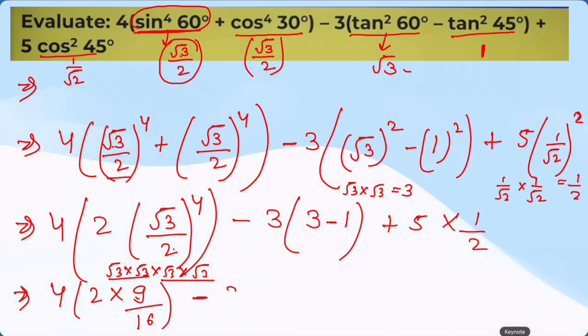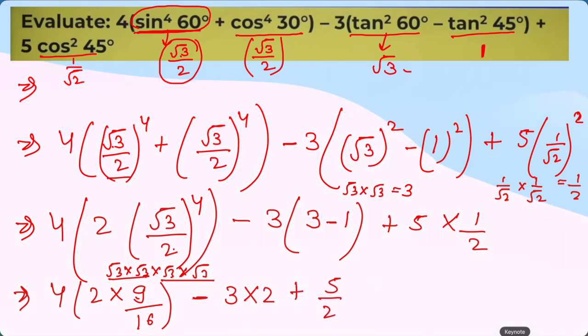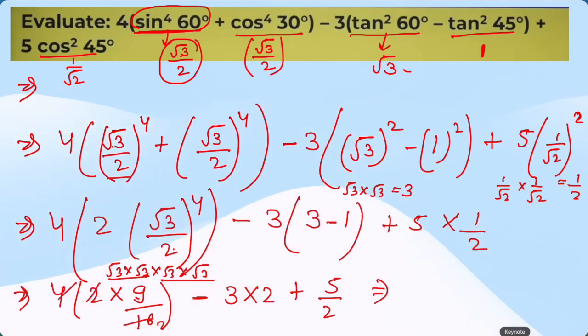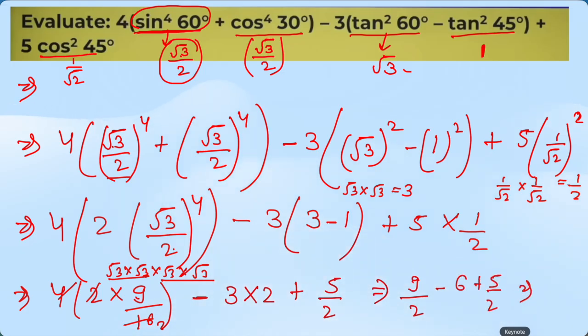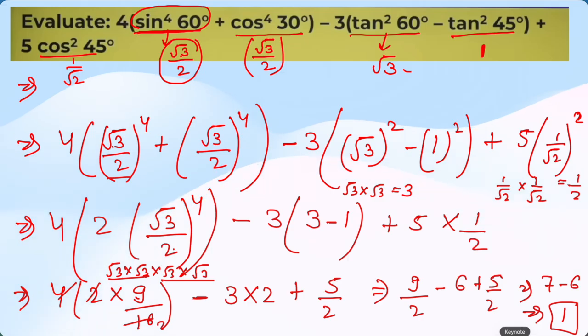Now minus 3 into 2 plus 5 by 2. What we will have next? 4 to the 8 to the 16. So it will be 9 by 2. 9 by 2 minus 6 plus 5 by 2. 9 and 5 makes 14 by 2 means 7. 7 minus 6 means the answer for this question is 1.